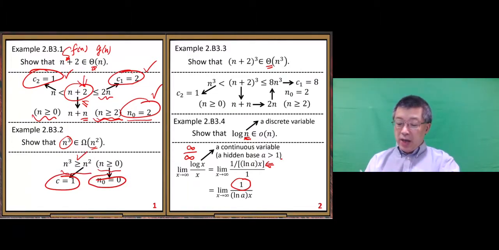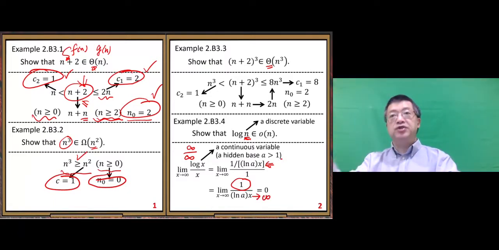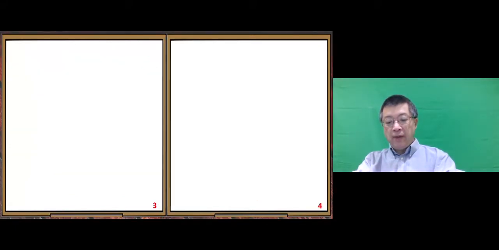Now, do the limit directly. When x goes to infinity, the whole fraction goes to 0. The answer is 0. So you find the answer in this way. That's example number 4.